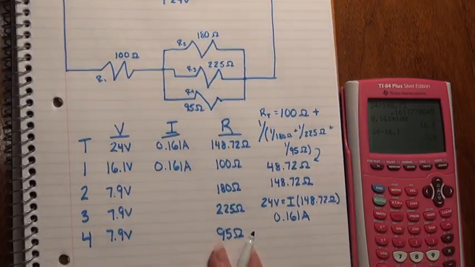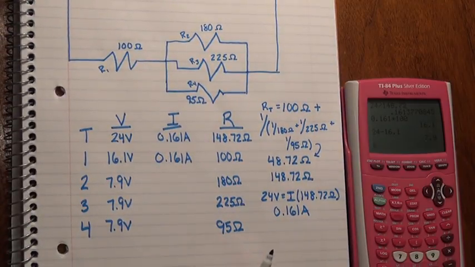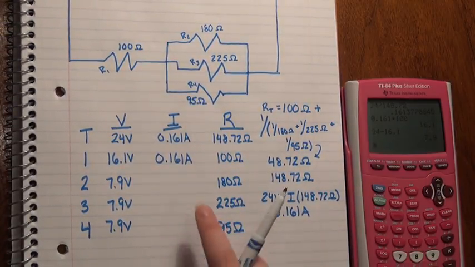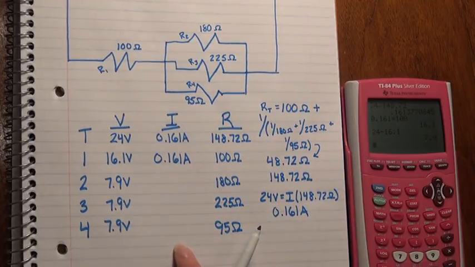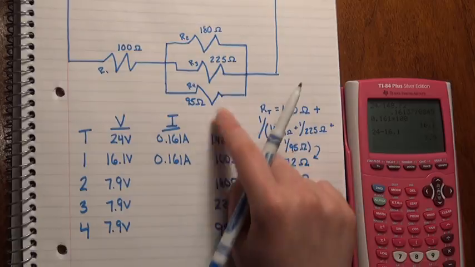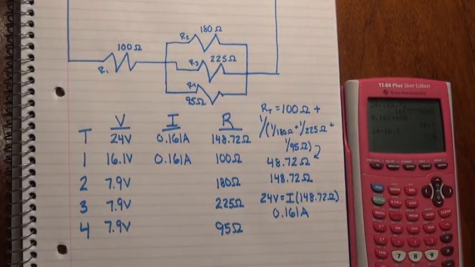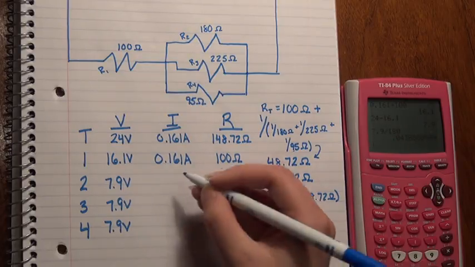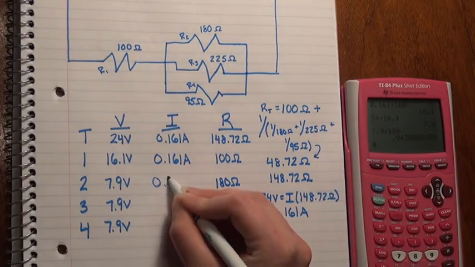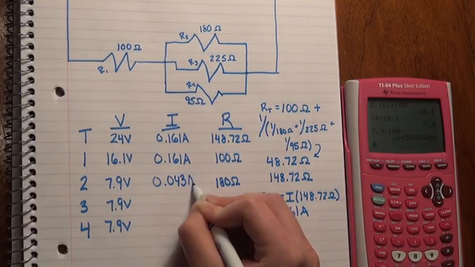So now that we made a table with all of our known information, we can use Ohm's law to calculate the current across each of the resistors in parallel here. And so we have 7.9 divided by 180 ohms, which gives us 0.043 amps.